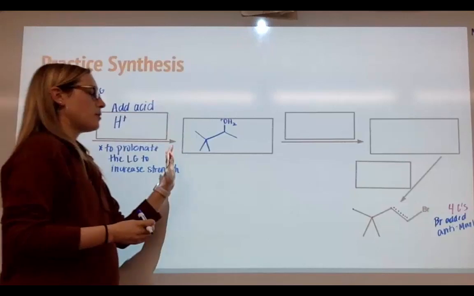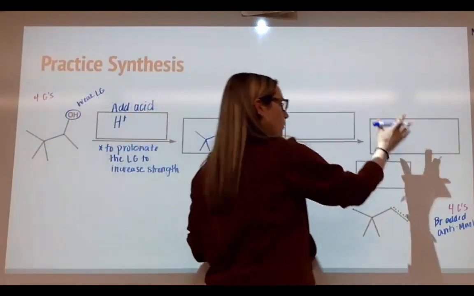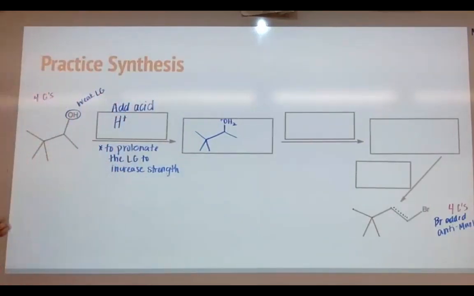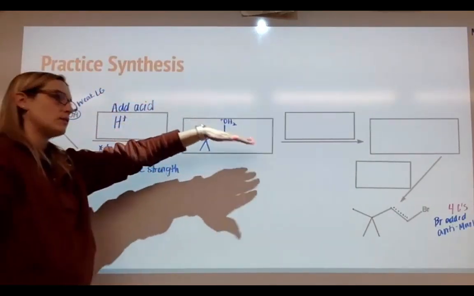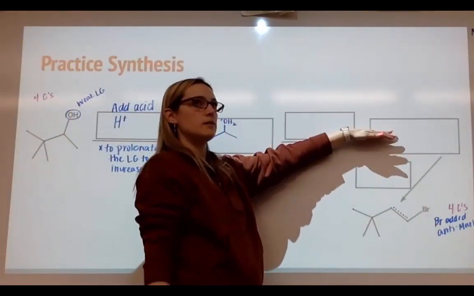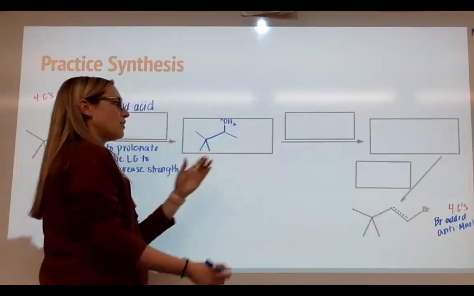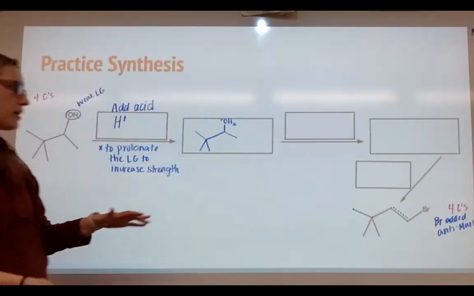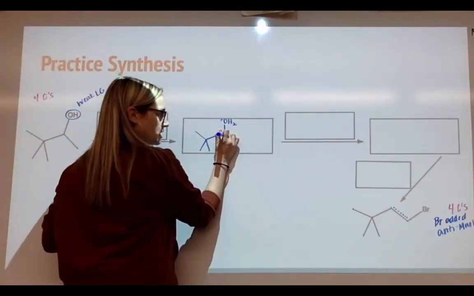The point of protonating it was so that it could leave. Now we know that we need to form a double bond. I want to figure out how I can form a double bond, and we've talked through where it needs to go. That double bond needs to go here.